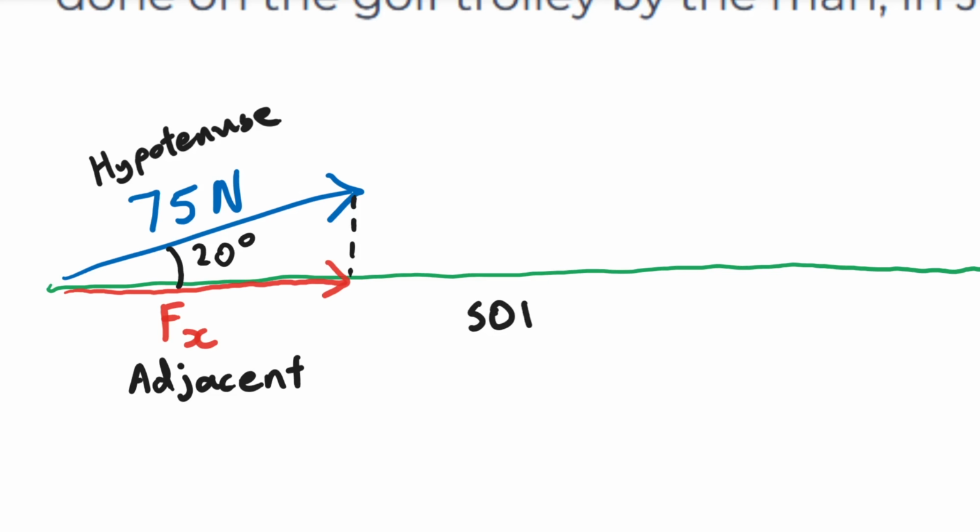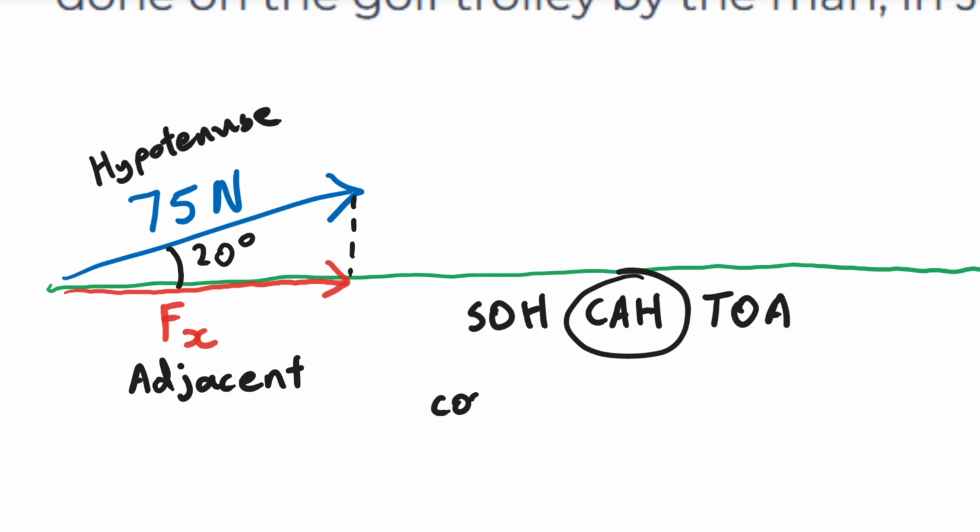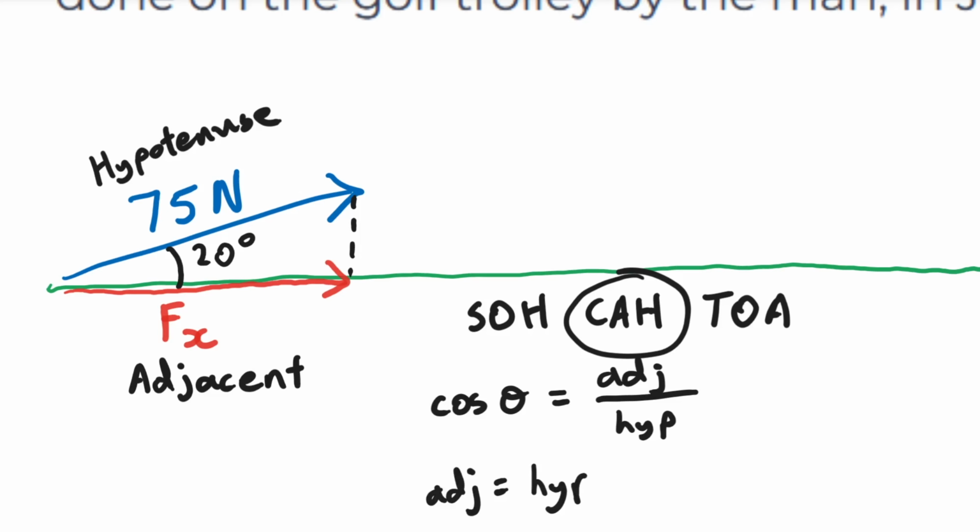So we need the SOHCAHTOA equation that contains A and H. That would be CAH. Cosine of theta equals adjacent over hypotenuse. We want to find adjacent, so multiply both sides by hypotenuse to get adjacent on its own.